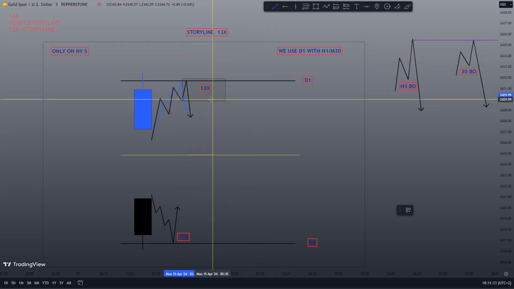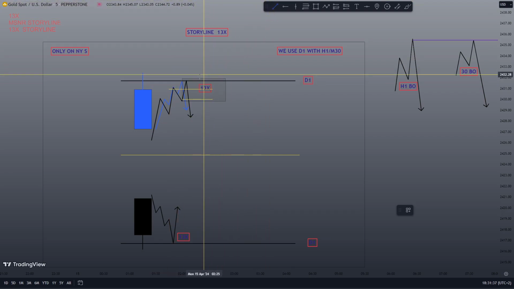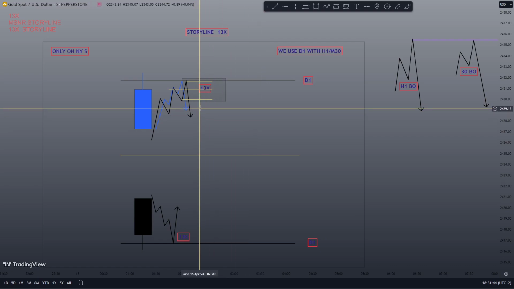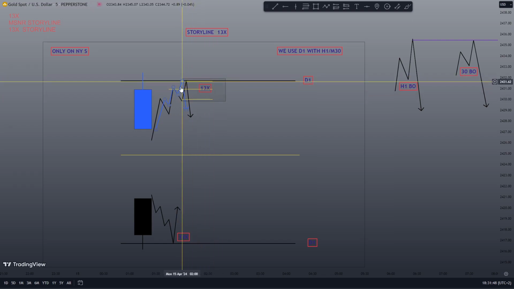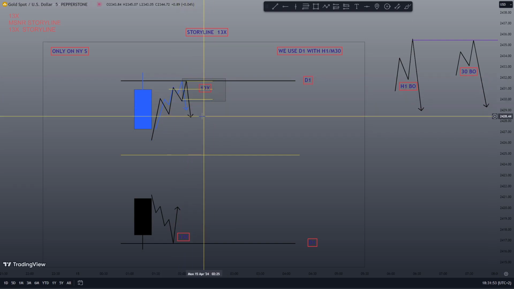We draw our levels and we wait for a confirmation. Whenever a confirmation gets printed on any of those levels or setups, we enter. And we follow the trend till another daily fresh level.